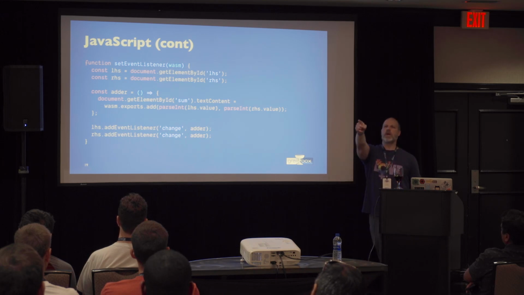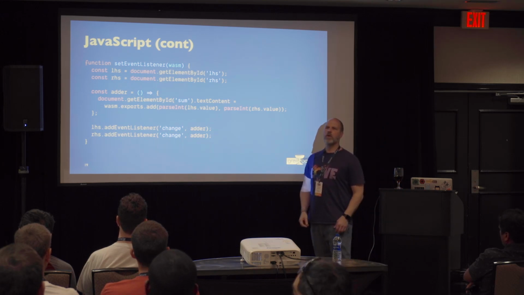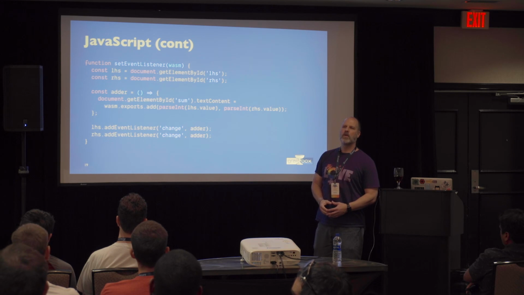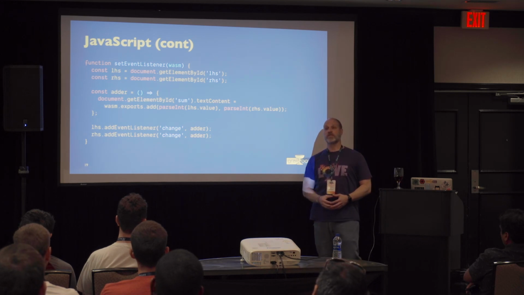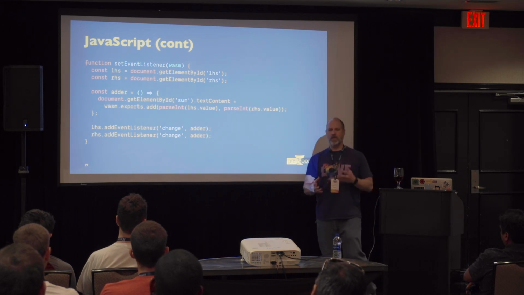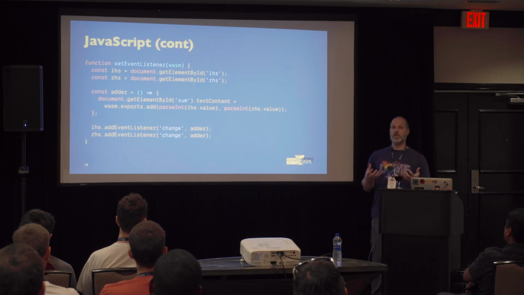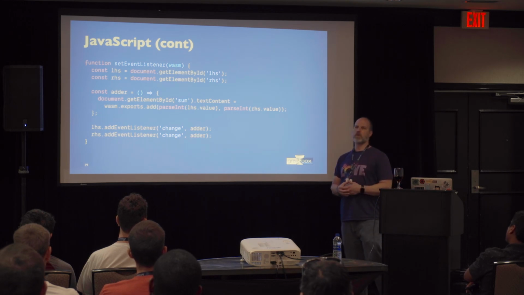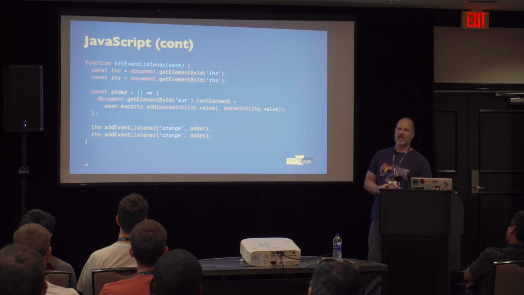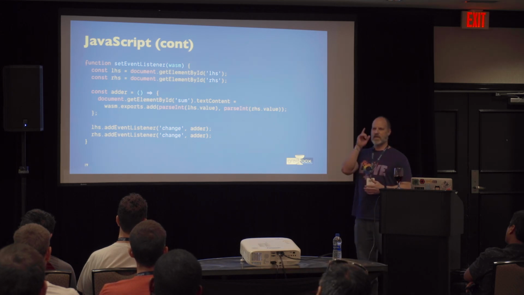Good question. Back here. Is there a significant cost crossing the JavaScript to WASM barrier? There is a cost. Whether it's significant or not will probably depend on the use case, but they are memory safe. If you want to add 1,000 numbers, or let's say 10 million numbers, can the cost be enough where it doesn't make sense to use your WASM adder and you should just do the JavaScript?